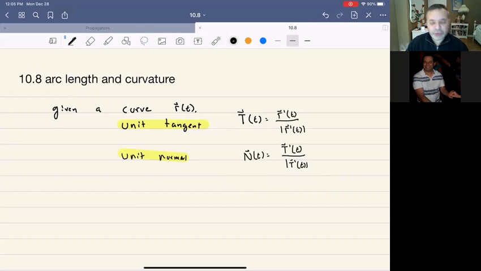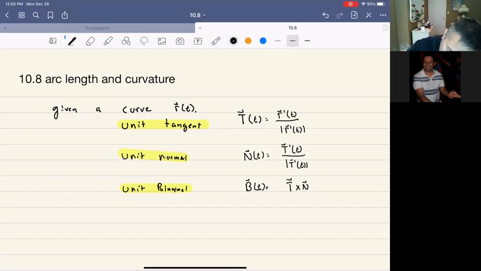And then finally the binormal. Okay, and so these vectors are a convenient basis to use when describing what's going on for a particle in motion.